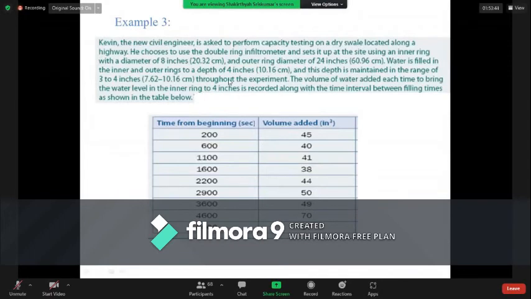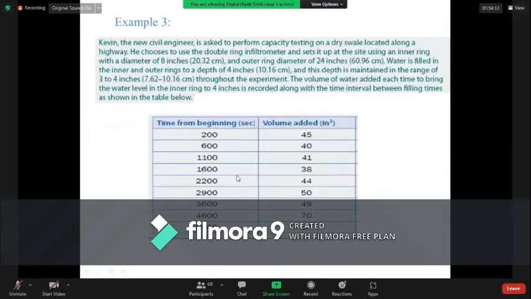So from this paragraph, the only information you need is that the diameter of the inner ring is 8 inches. That's enough. So in your example 3, first you have to write the diameter of the inner ring is 8 inches.